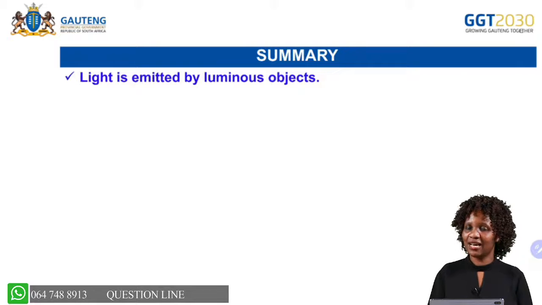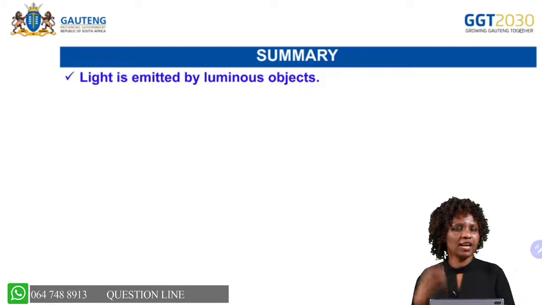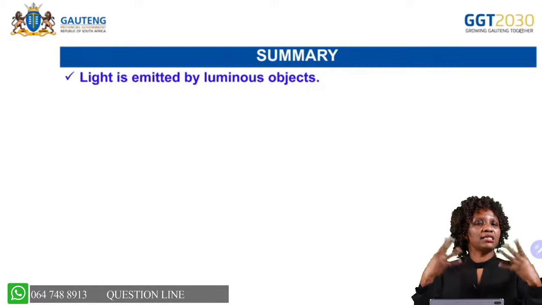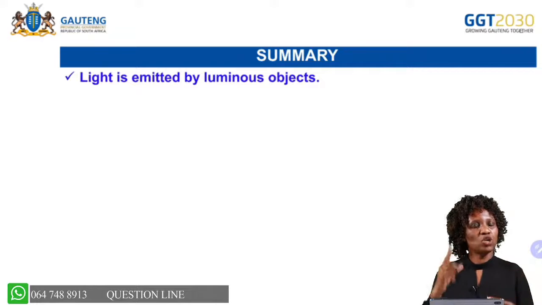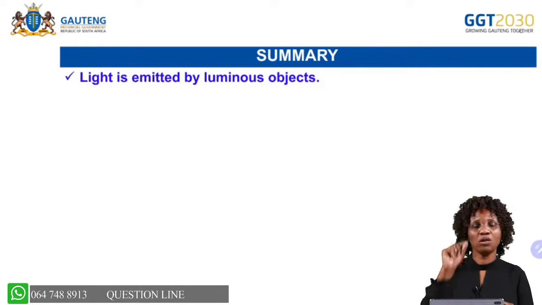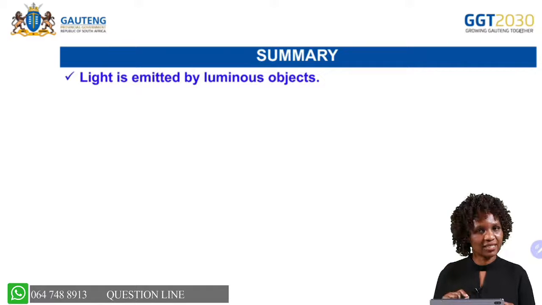Light is emitted by luminous objects. What are we meaning if we say light is emitted by luminous objects? Light is given off by luminous objects. And what are the luminous objects, grade 8? The luminous objects are those that emit light, those objects that give off light.